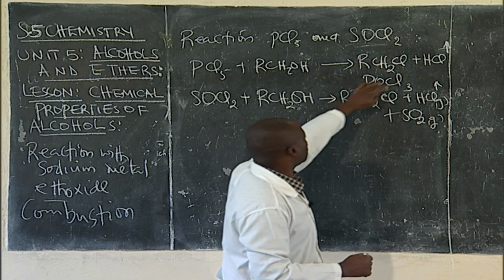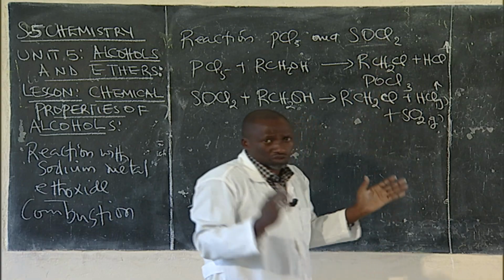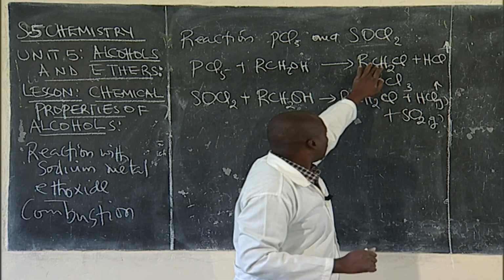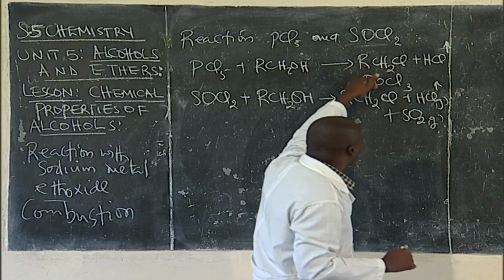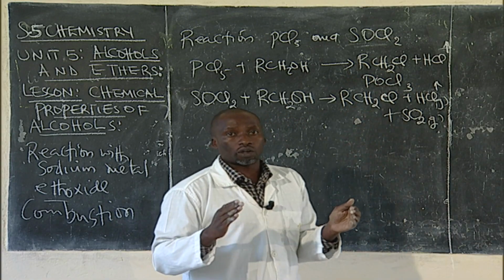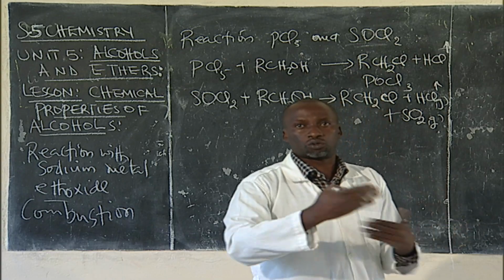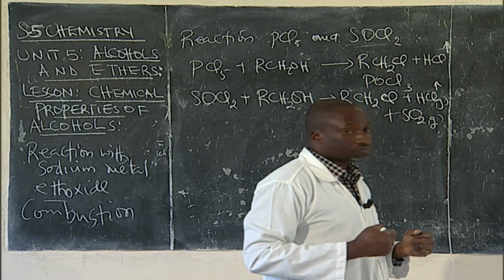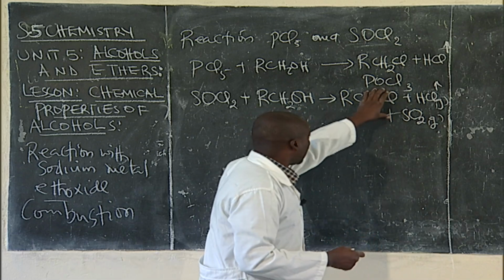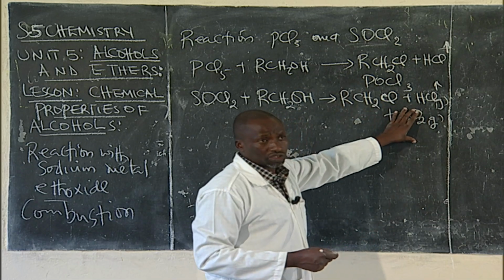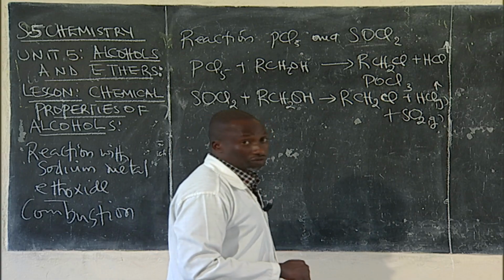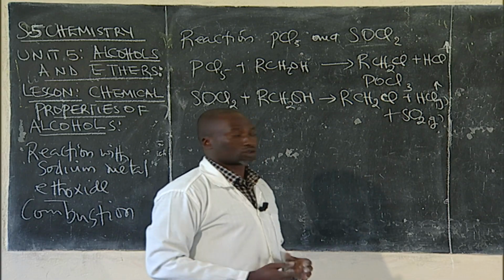The other one produces a mixture of liquids: the alkyl halide will be mixed with this compound, and therefore you won't be able to separate which one is the alcohol. So those are the reactions that we looked at in the previous chemical reactions of the alcohol.